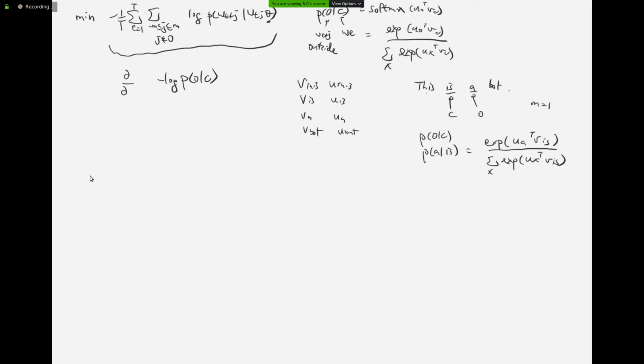If I look at the expression for this guy here, apparently this one depends on u_O and v_C, the v of the current center word and the u of the current outside word. But you see that it also depends on the u of all the outside words.